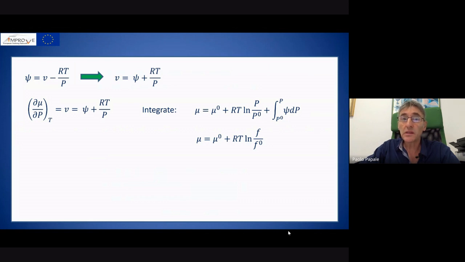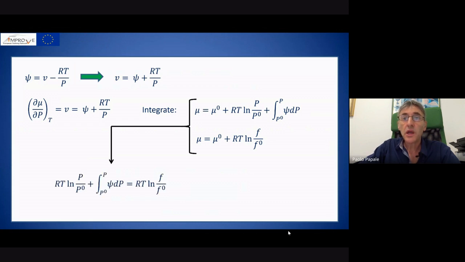We know that since when fugacity was first introduced in lesson 3. We can therefore equate the two expressions and obtain this one. Here I have simply cancelled out the term mu0, which appears at the right and left hand side of the equation. Finally, by moving all the logarithmic terms together and combining them, we obtain this last expression.